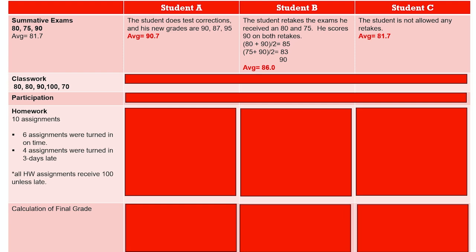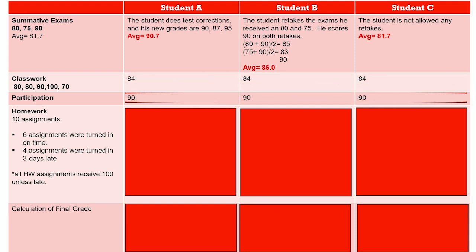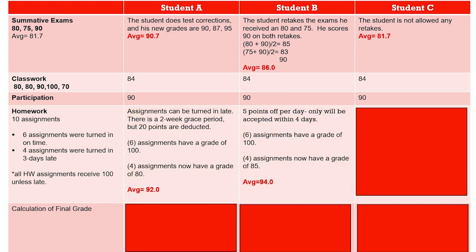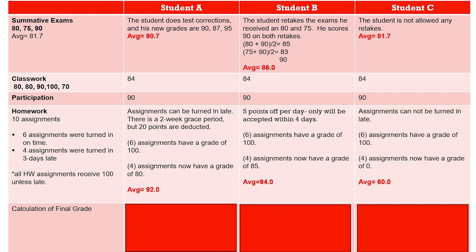And so that is really where we started from a place of equity. It was very imbalanced between teacher to teacher, and it was actually impacting final averages for students depending on the teacher that they had.